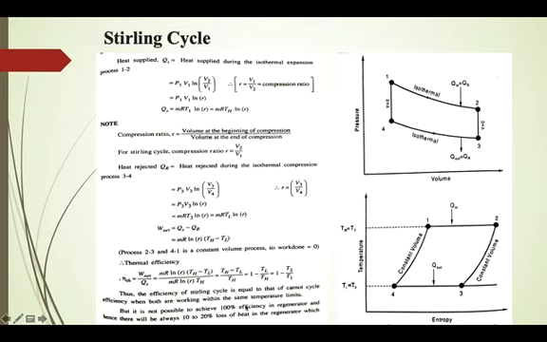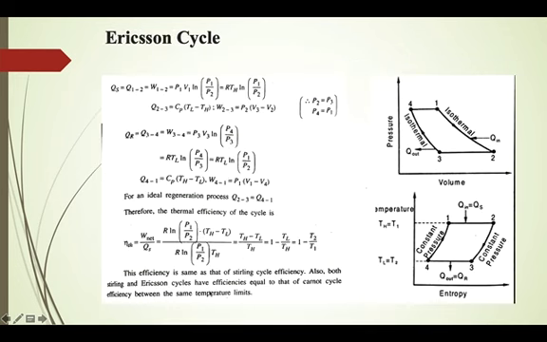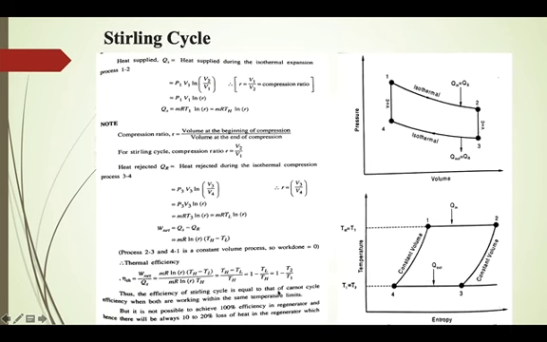That is the practical situation. But if you consider this theoretically, with 100% efficiency for the regenerator, then if both Carnot and Stirling cycles are working between the same temperature limits, both will have the same efficiency. But in the real case it will be different because the regenerator will not have 100% efficiency.